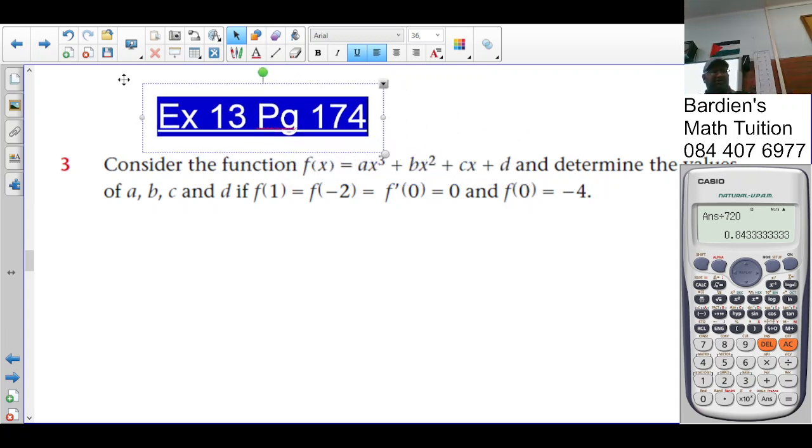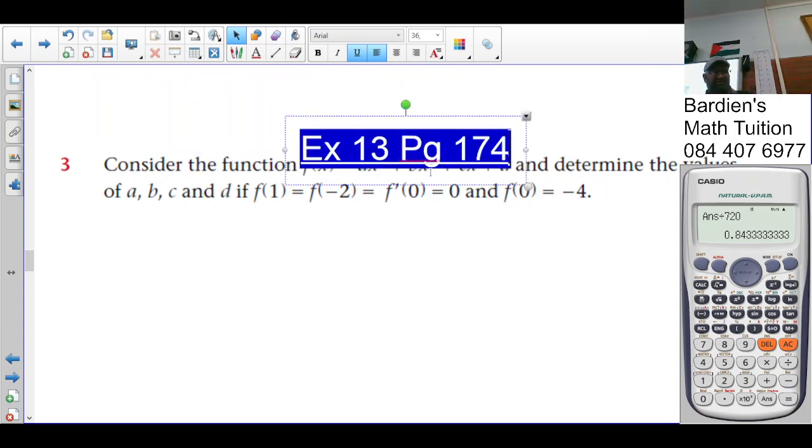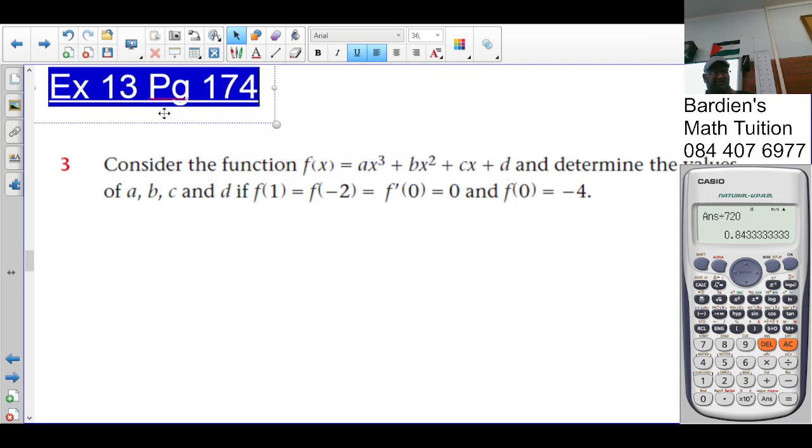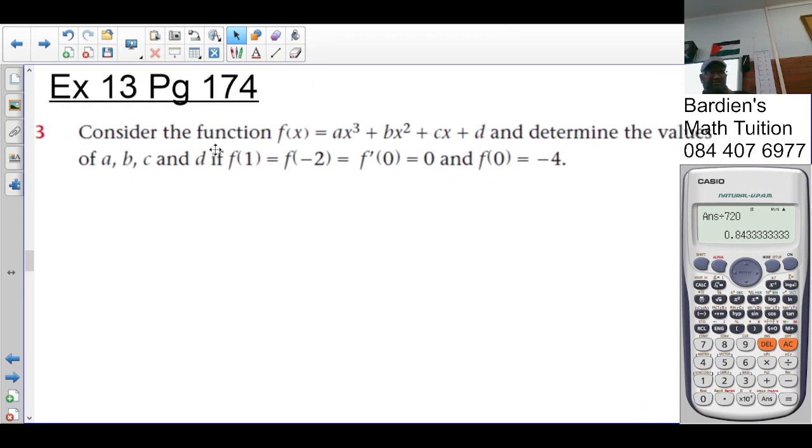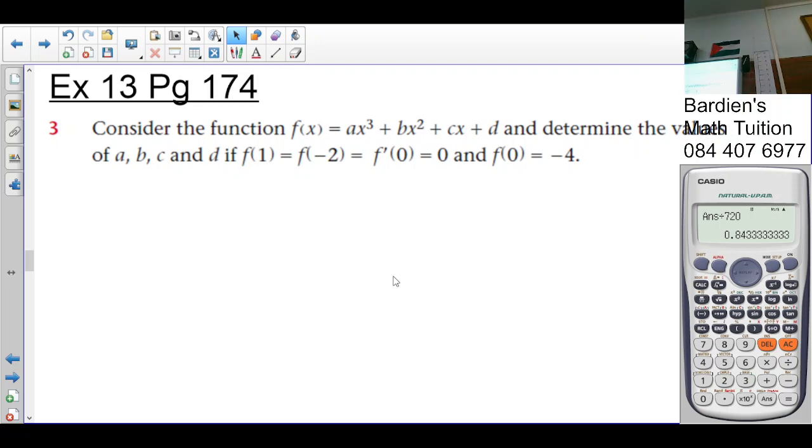Okay, we are told to consider the function f of x equals ax cubed plus bx squared plus cx plus d, and determine the values of a, b, c and d if f of 1 is equal to f of negative 2 is equal to 0, f of 0 is minus 4, and f prime of 0 equals 0.